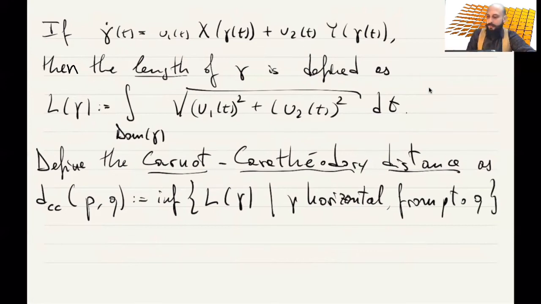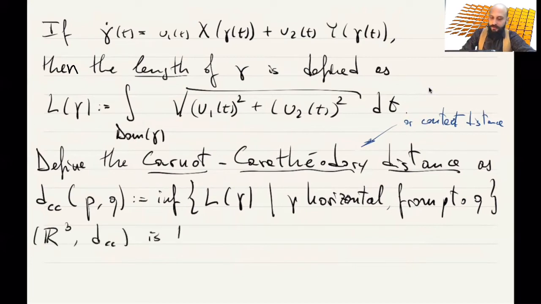Another name for the Carnot-Carathéodory distance is contact distance. But the term Carnot-Carathéodory is more general because it will be constructed in higher dimensions as well. Now, R3 equipped with this distance function is the sub-Riemannian Heisenberg group.